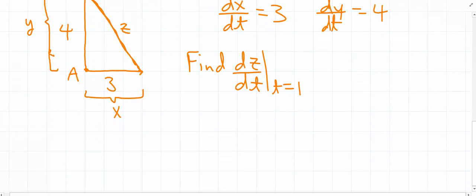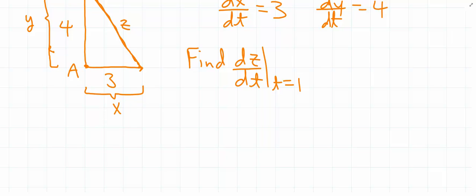Well, you are probably thinking right now, Pythagorean theorem. I know that x squared plus y squared is equal to z squared. Well, if I know how those are related, then I can figure out how their derivatives are related, because I can just go through and differentiate.